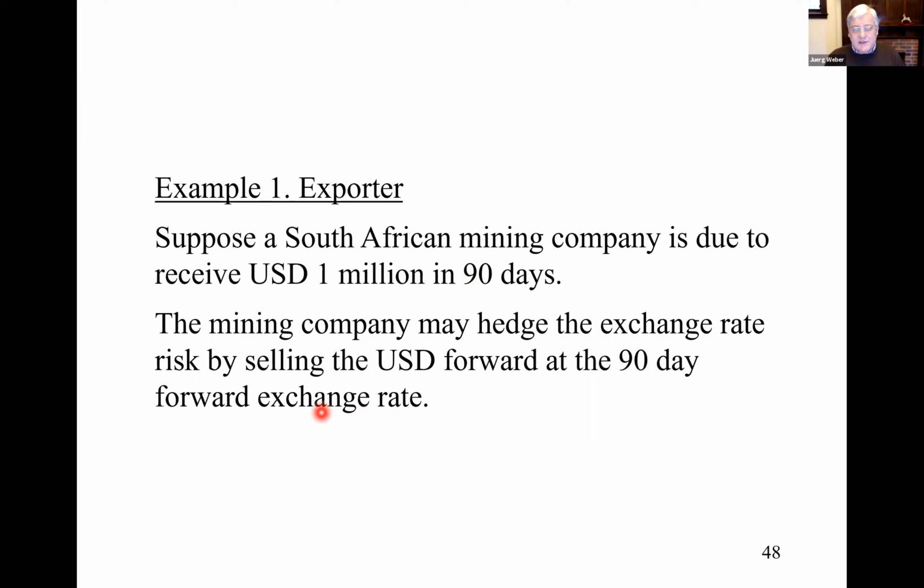They get rid of the risk. And almost usually they will do it because mining companies are actually not speculators in foreign exchange markets. So this hedging of the exchange rate is very important in international trade.